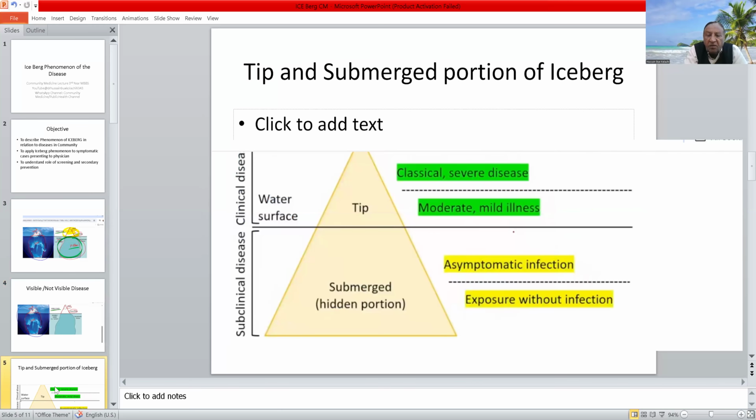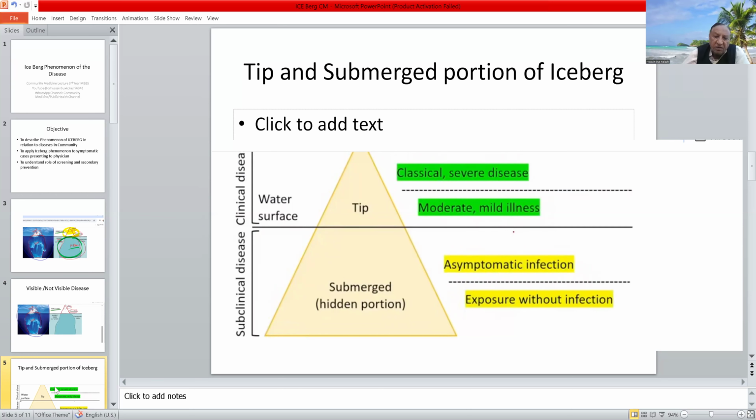This will give you a more apparent view: the tip or top part of the iceberg is above the surface, and the hidden portion is submerged below the surface. You can see almost 70% are hidden, and only 30%, and sometimes 15%, go to the clinician side. So there are subclinical diseases and clinical diseases.